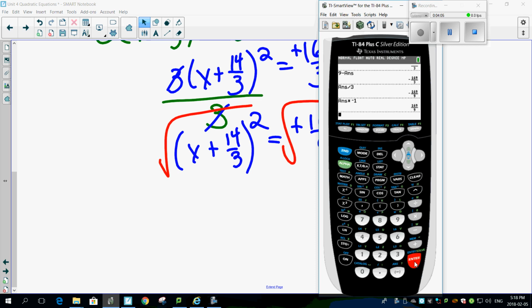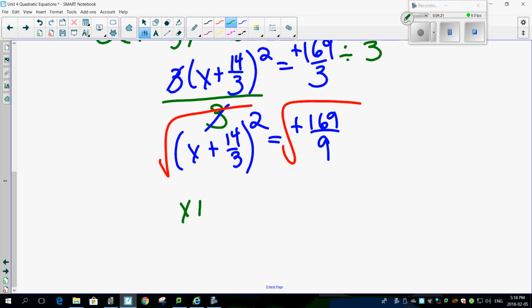Now, second square root of second answer, and let's see what we get, and you'll be surprised. 13 over 3.